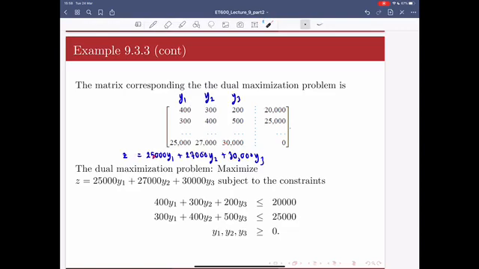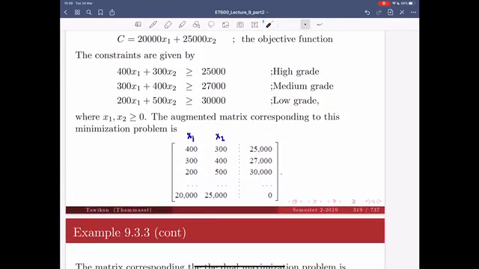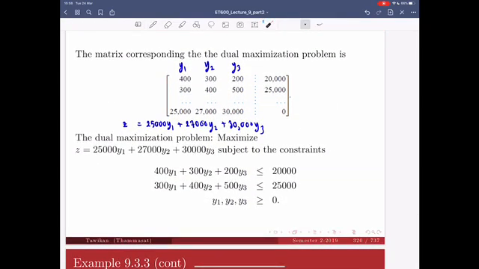We want to maximize this z based on two constraints. The first constraint is going to be 400 y1, 300 y2, 200 y3. Change the inequality sign. Previously, the constraint was with a greater than or equal sign, but now we flip the sign to be less than or equal, and the right-hand side is 20,000.